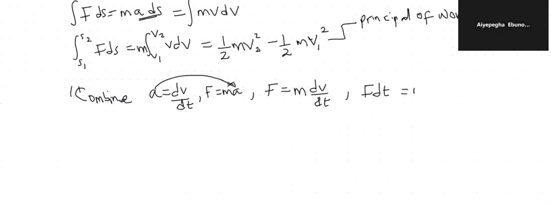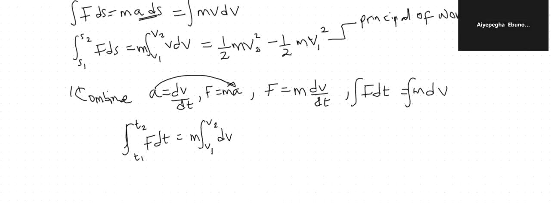Then if you take the integral of both sides, from the initial time, lower limit to upper limit, of F dt, equals, with lower limit v1 and upper limit v2, of course m comes out, m v2 minus m v1.